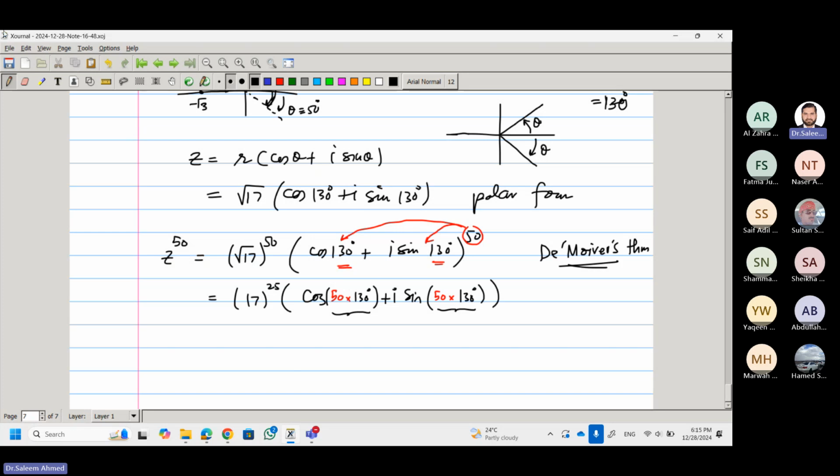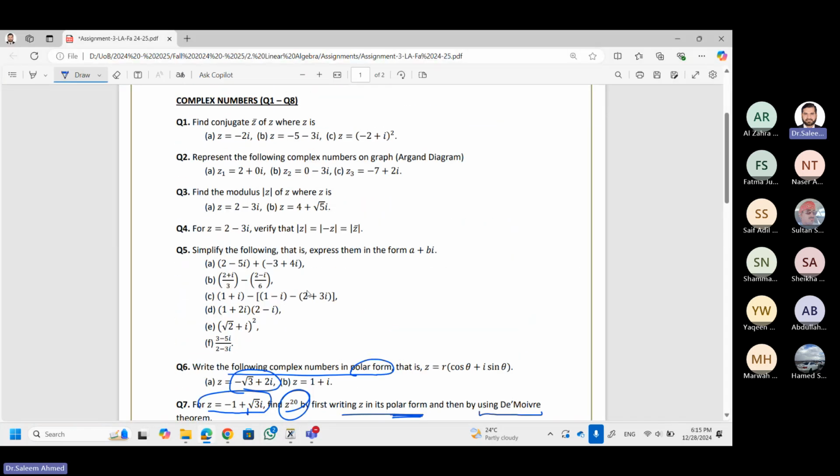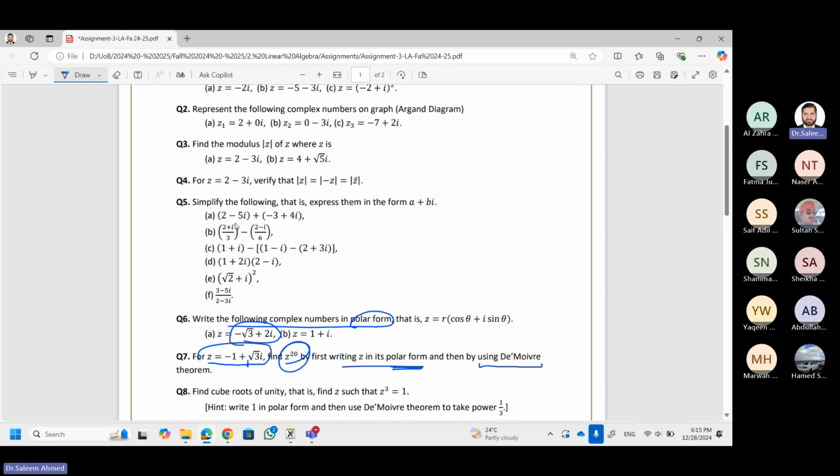In other problems in complex numbers, you have to simplify. If you are adding complex numbers, you can add 2 and 3, and 5 and 4. Very easy. If you are multiplying, you have to multiply everything: 1 with 2, 1 with iota, 2 iota with 2, 2 iota with iota, like that. So 1 with 2 is 2 and 1 with minus iota is minus iota.